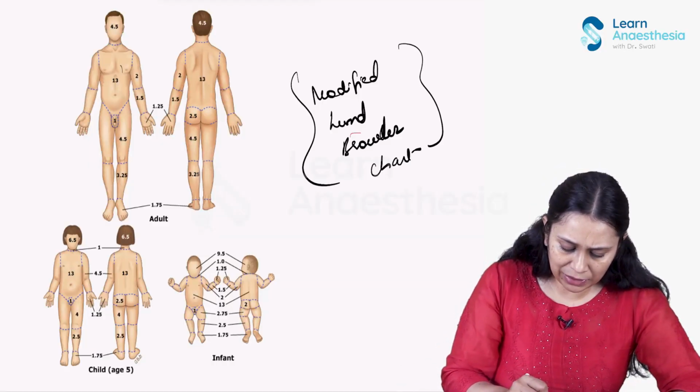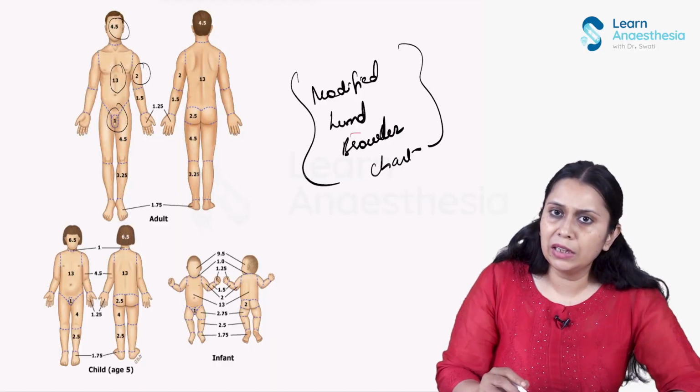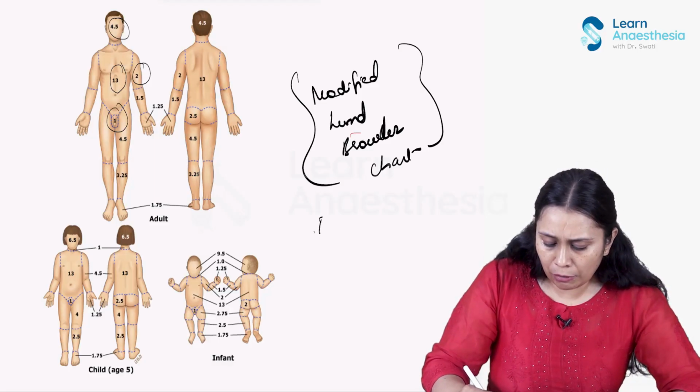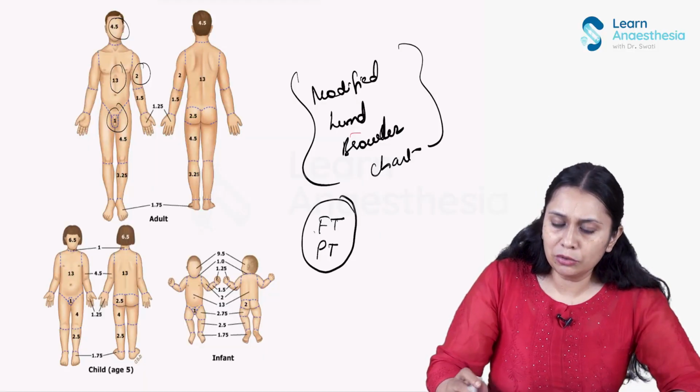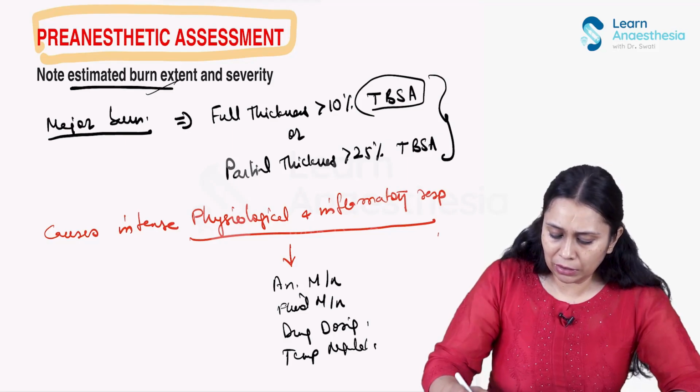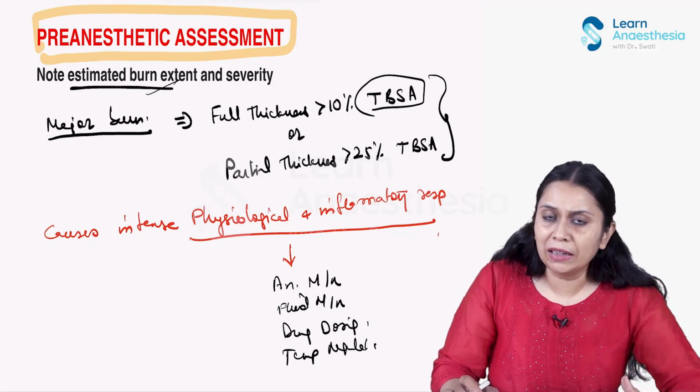This will help us in calculating the total body surface area involved in a burn patient, and we also have to look whether it is a full thickness burn or partial thickness burn. Once we have calculated the burn area and the severity, we would have an idea whether it is a severe burn or not.